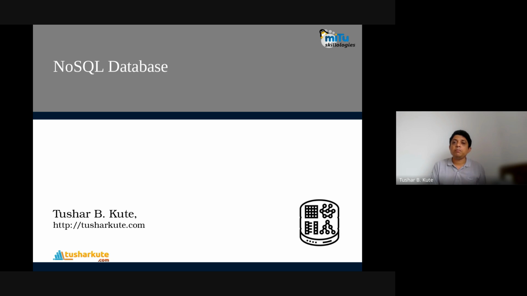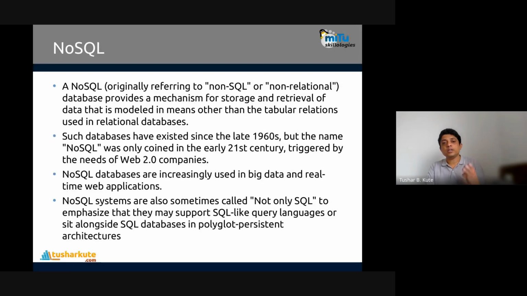But apart from the structured format, what are the other formats that come under NoSQL databases? Whenever data is not present in the structured format, we have to apply one of the available methods. Many methods are there in NoSQL that we can apply. So NoSQL originally meant non-SQL, the opposite of SQL.